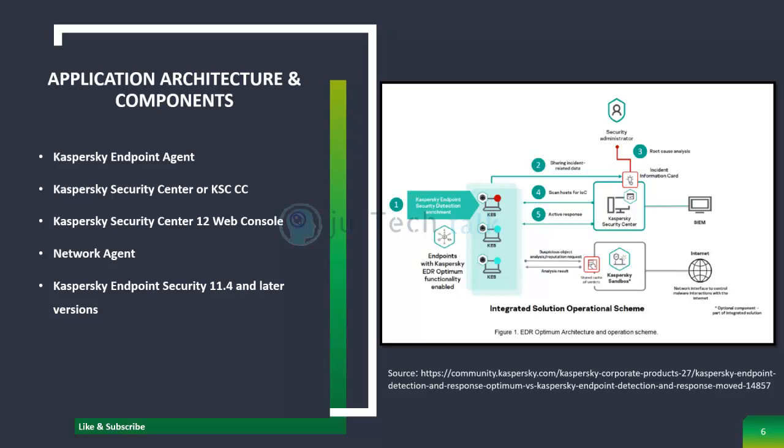It also provides you IOC, which is indicator of compromise, scanning on the endpoints, and it also allows you to do response actions. So let's say, for example, host isolation, on-demand scan tasks, sending files to quarantine, etc. These kinds of tasks you can do with Kaspersky Endpoint Agent.